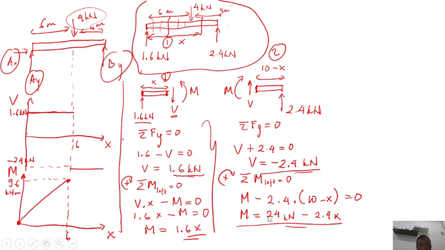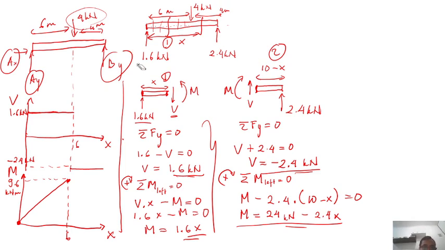Okay. Now this equation will only work at x equal to 6 until x equal to 10. That's why we have to check at x equal to 6. So this equation, the first one just now, will work for x equal to 0 until x equal to 6.